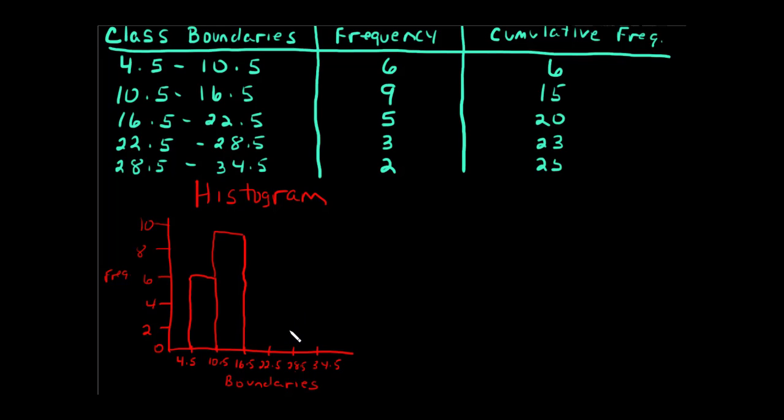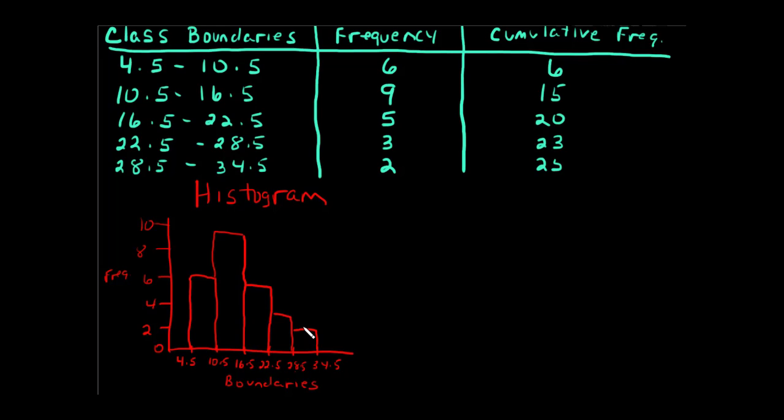For the third class, which has a frequency of 5, I'm going to draw a vertical line at 22.5, draw a line up until I'm at around where 5 is, and connect it to the bar that we just drew in the previous class. For the class ending at 28.5, we have a frequency of 3, so that bar needs to be 3 units high. And finally, 34.5, that has a frequency of 2, so I want to create a bar that's 2 units high and connect it with the class that we just drew. And there is a histogram.